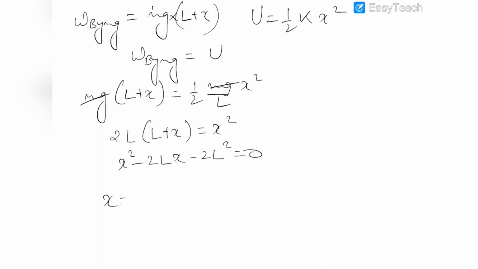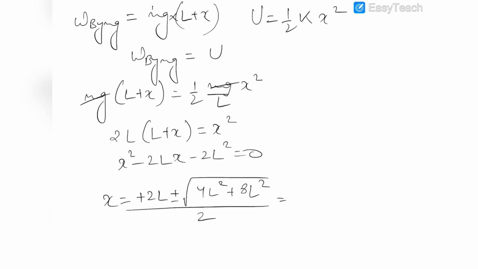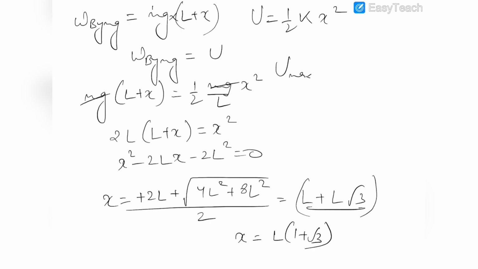And this x would be equal to 2L plus minus under root 4L square plus 8L square, by 2. So you can see that we would ignore the negative because x could not be negative. So cancelling 2 with 2, this is L plus L root 3. So x would be equal to L into 1 plus root 3. Now the energy stored in the spring is half k, which is mg by L, into x square.